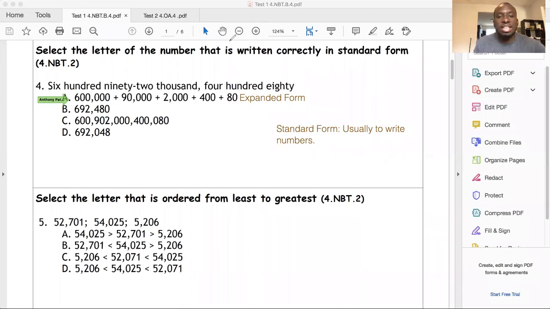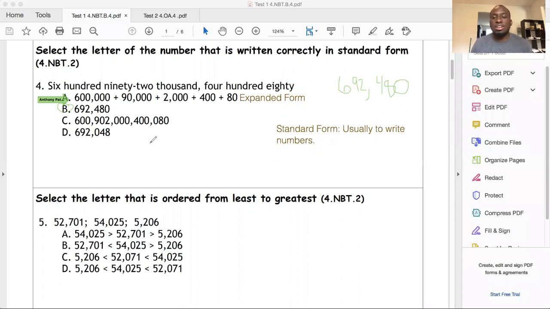So in this case, I have 692,480, which matches answer choice B. So number 4 is B.